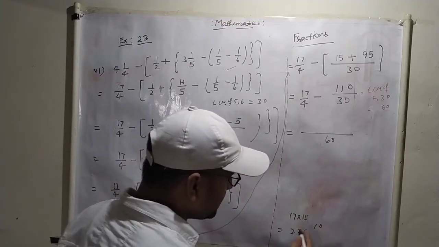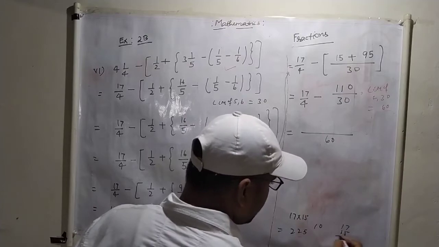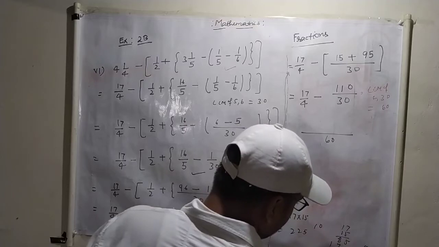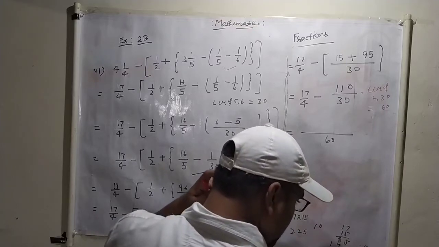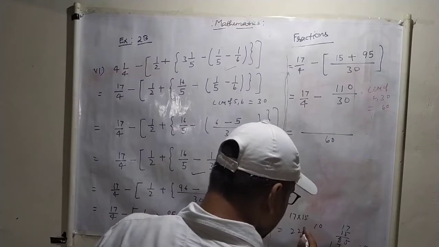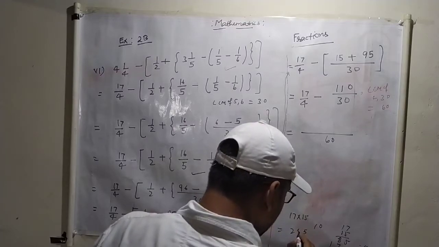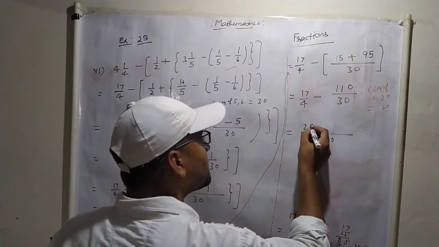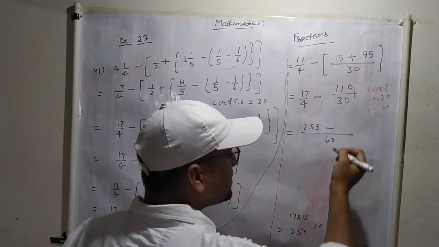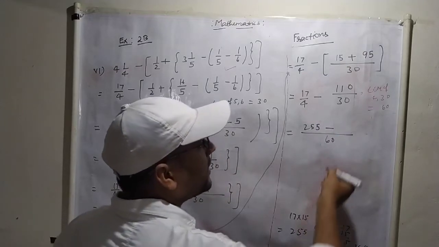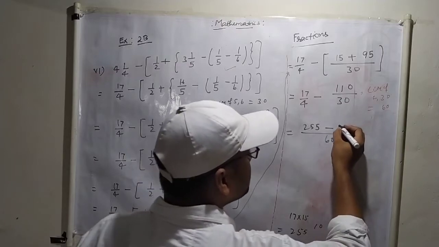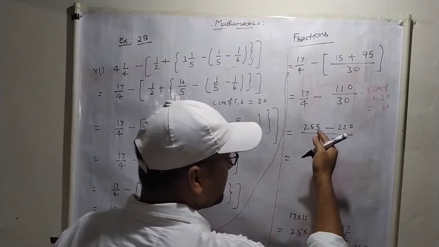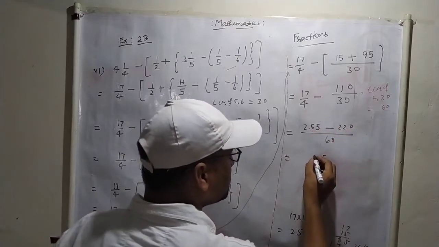Check this multiplication: 17 multiplied by 15 is 255. Minus, 60 divided by 30 you get 2, and 2 is multiplied into 110, which is 220. Subtract this one: 255 minus 220 is 35.